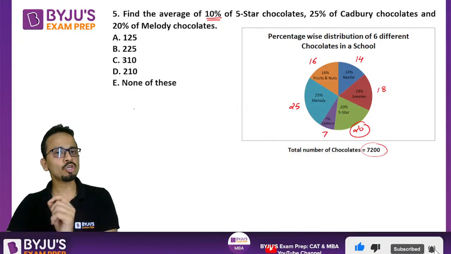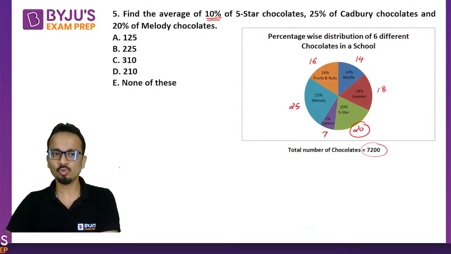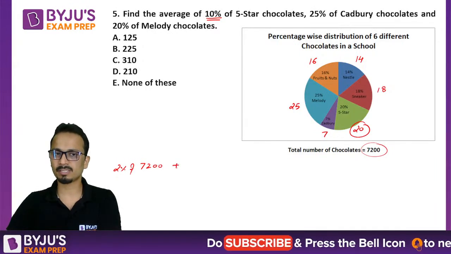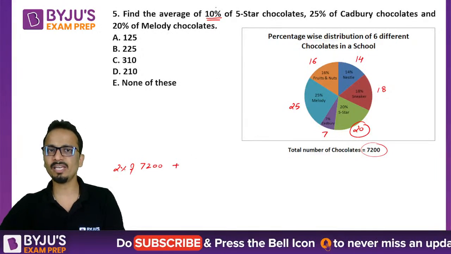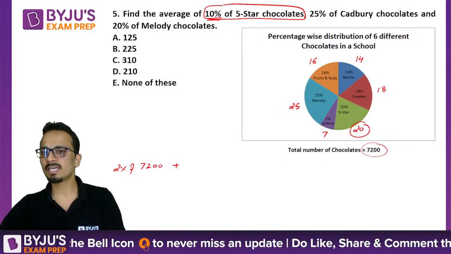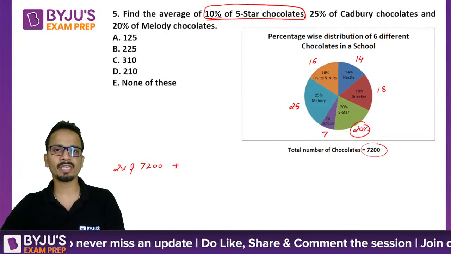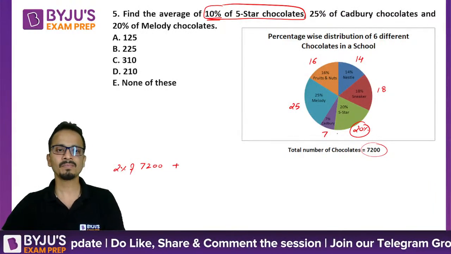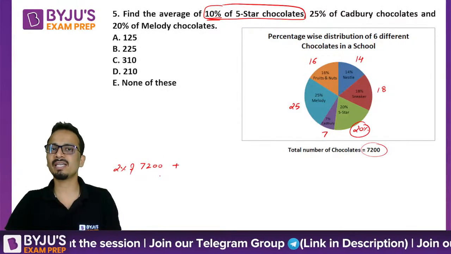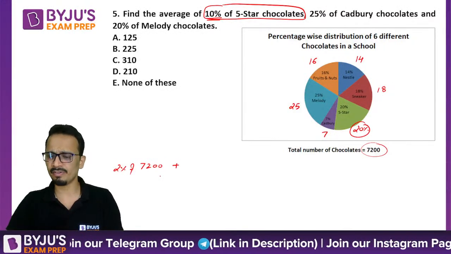So 10% of 20 kitna hota hai? It is 2. So it will be 2% of 7,200. Okay, so the first value is 10% of 5-star chocolates. 5-star ka kitna hai? 20%. So I've just written 10% of 20, which is 2. So 2% of 7,200 is the number of 5-star chocolates that they are referring to in the question.